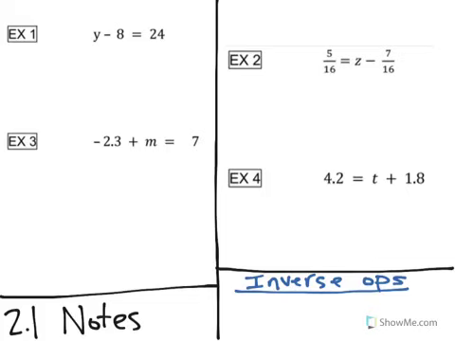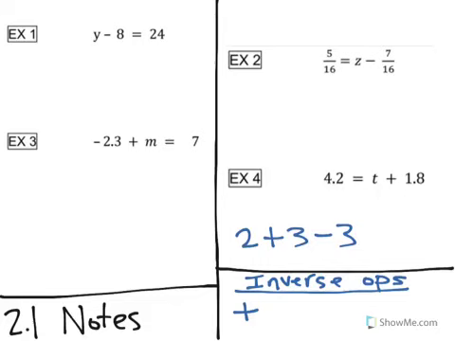So we know that if we have addition, say you take 2 and you add 3 to it. If I wanted to get back to what I had at the beginning, the way that I would undo addition would be through subtraction.